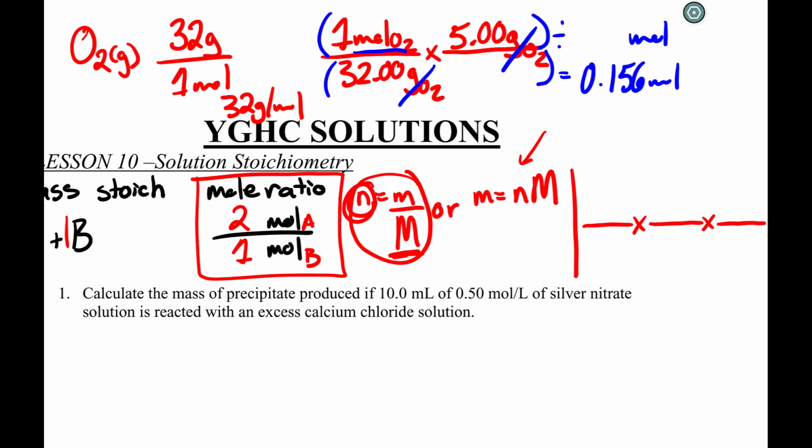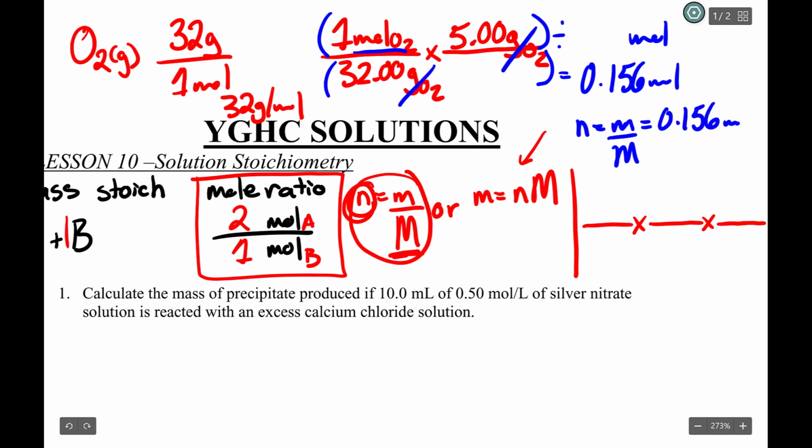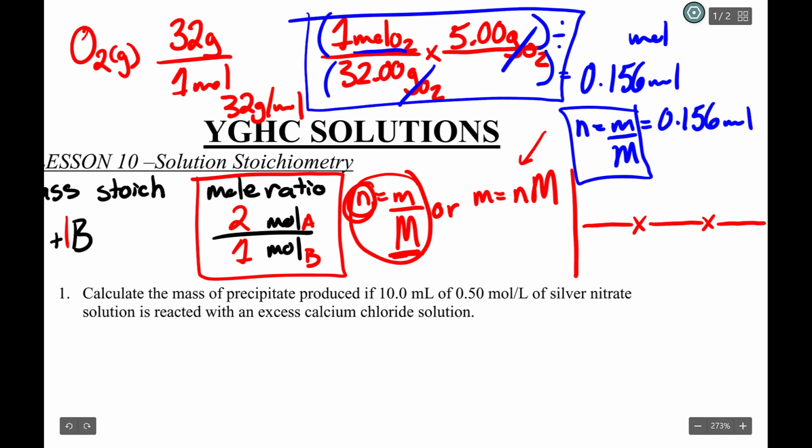Or I could have used moles is equal to mass over molar mass, plugged in the numbers, and I get the same answer. The thing is, if you proceed on in chemistry and you go to university, your professors aren't really going to be using equations like this. They're going to be doing everything in unit analysis. And when you do stoichiometry, everything will be in unit analysis.